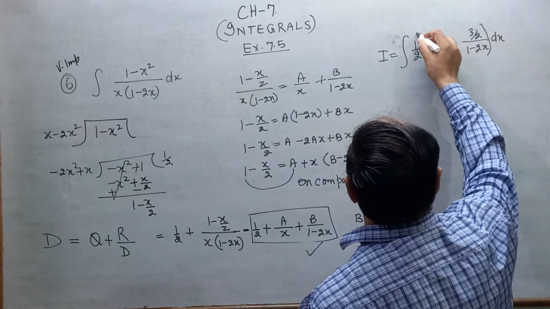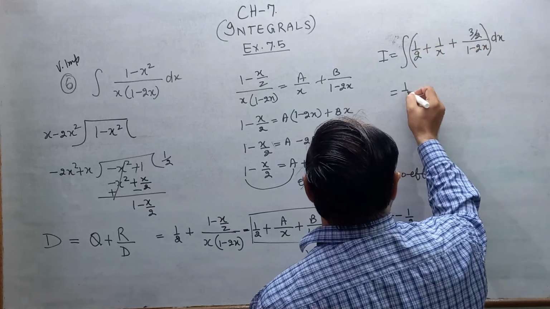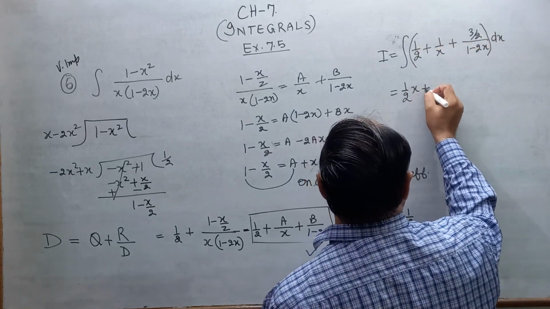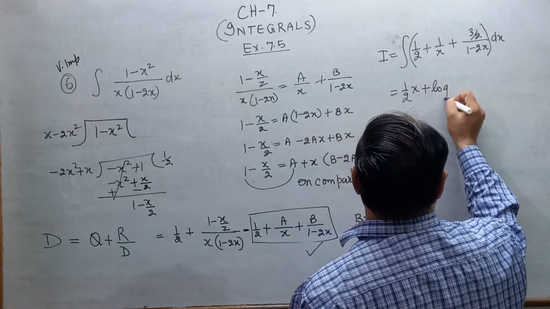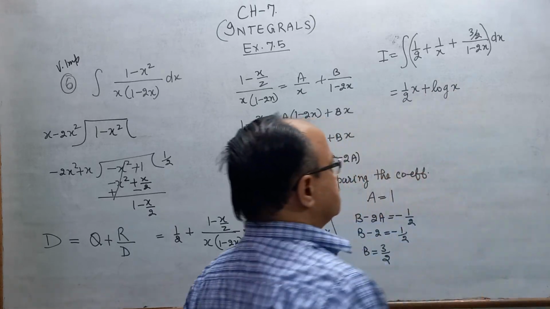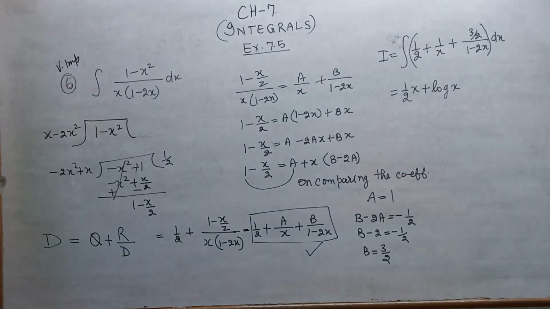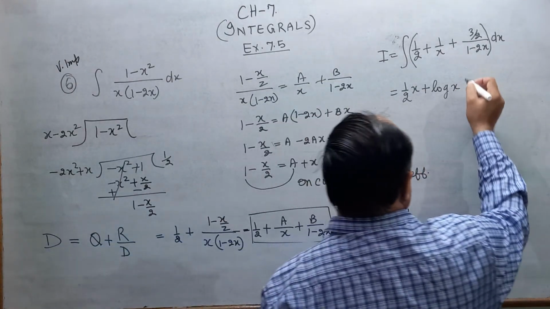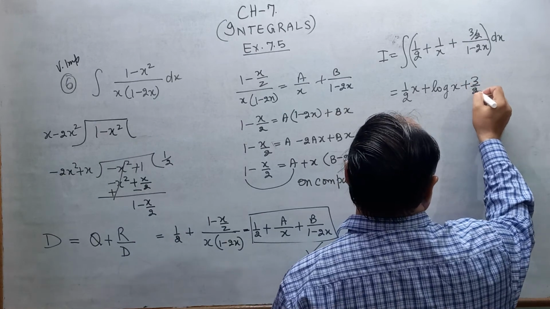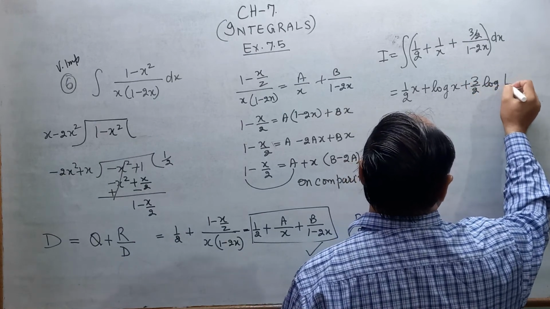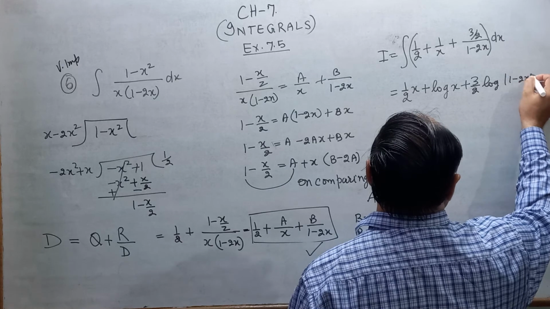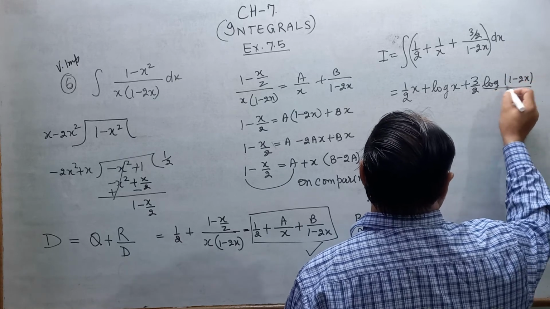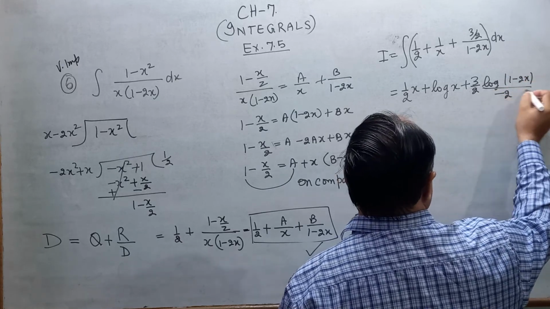Now integration of 1 by 2 is 1 by 2x. Integration of 1 by x is log x. And the integration of this is 3 by 2 log of 1 minus 2x, and the derivative of 1 minus 2x is minus 2.